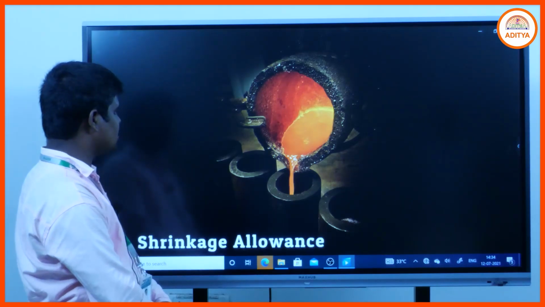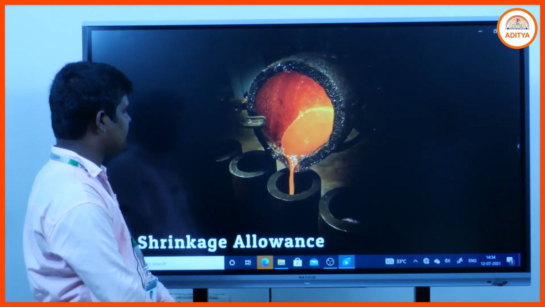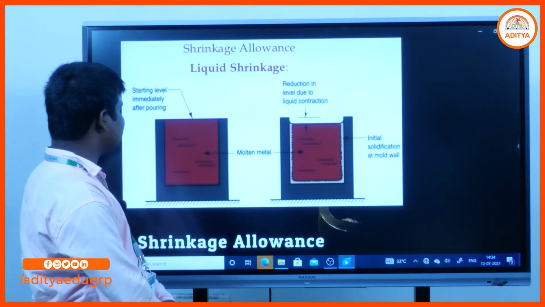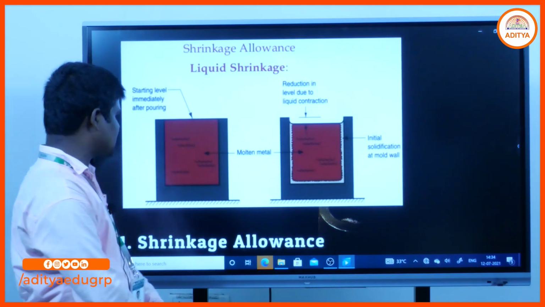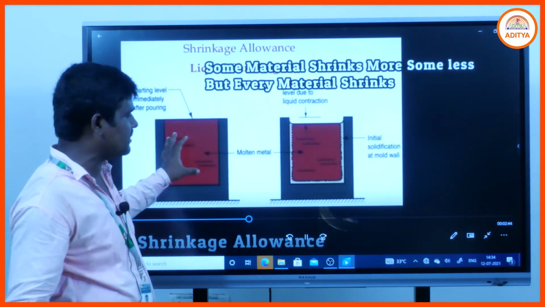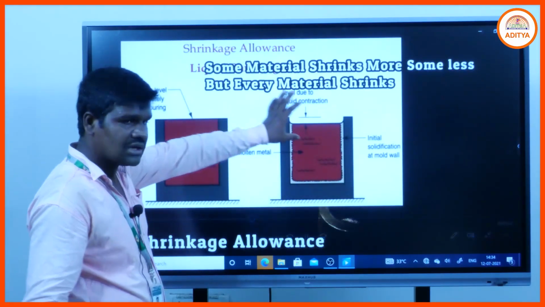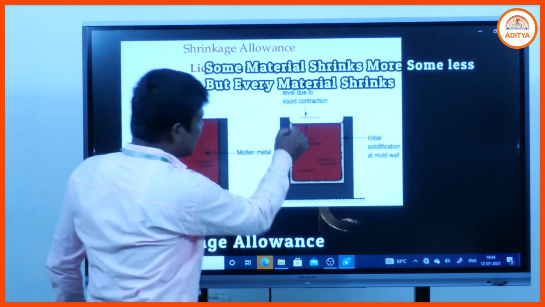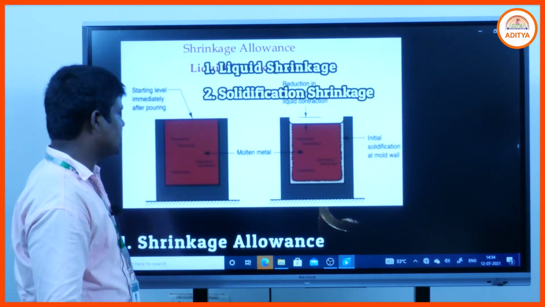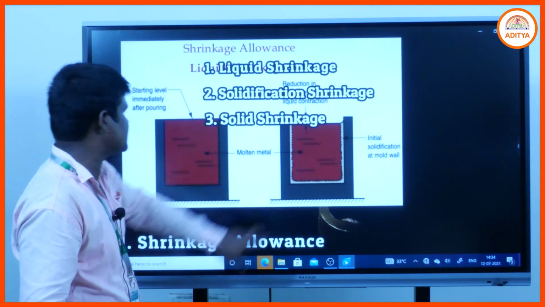Now first we come to shrinkage allowances. We have already seen that as per the mold cavity we pour the molten metal, and after solidification that type of gap is generated in the casting product, and that is called allowances.